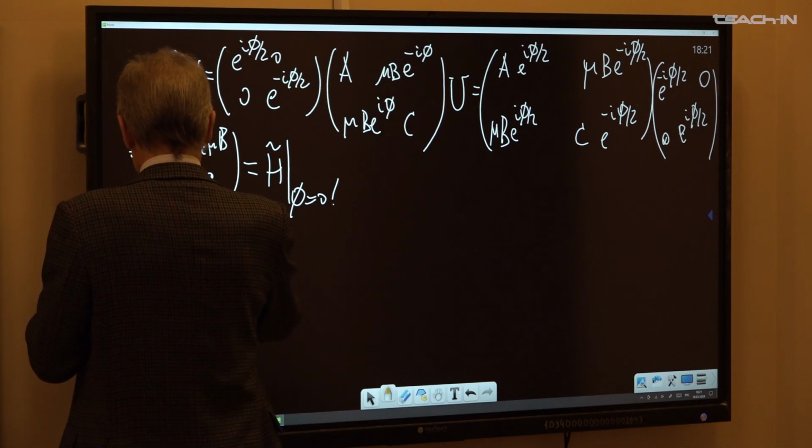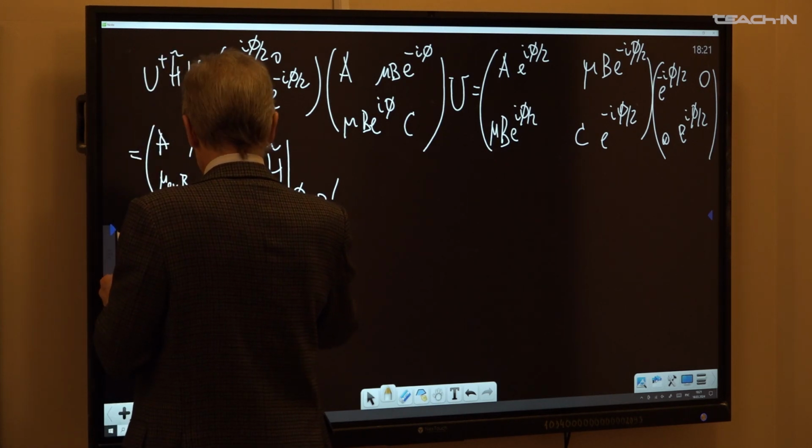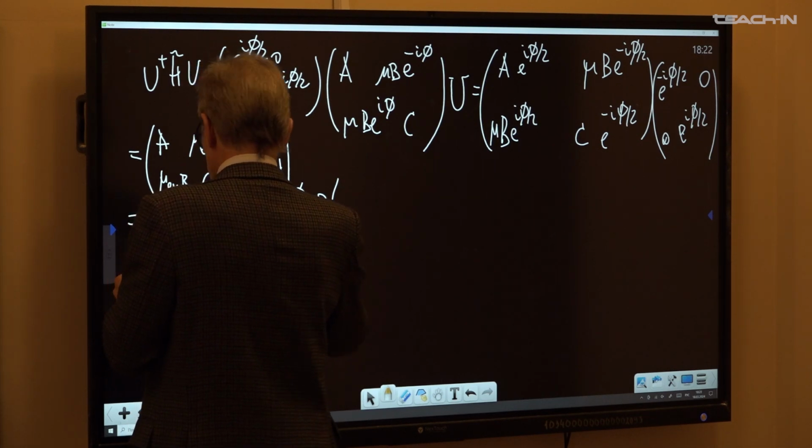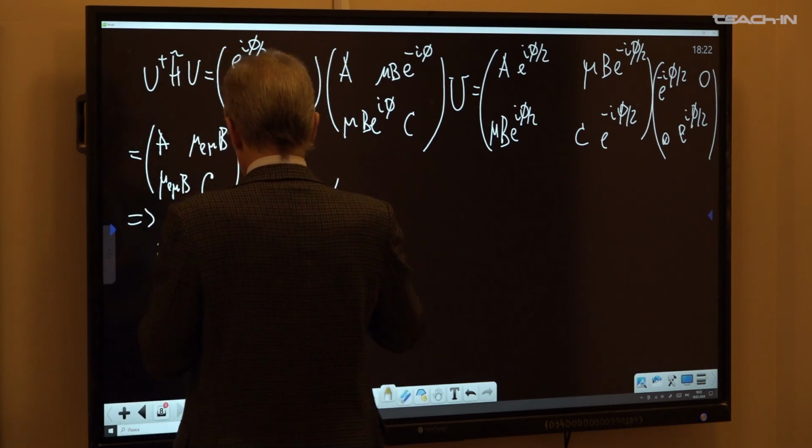So finally we get that i d/dt of (neutrino electron left, neutrino muon right) equals the effective Hamiltonian.